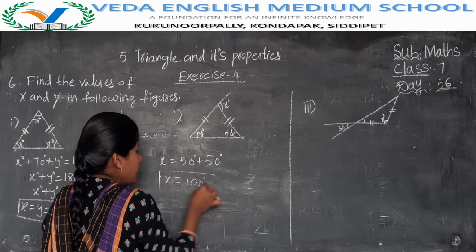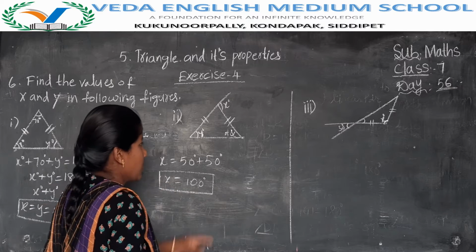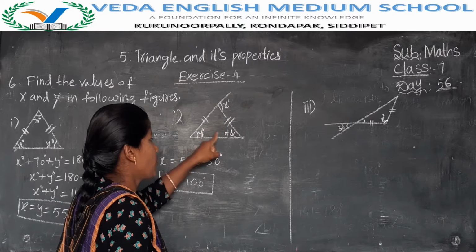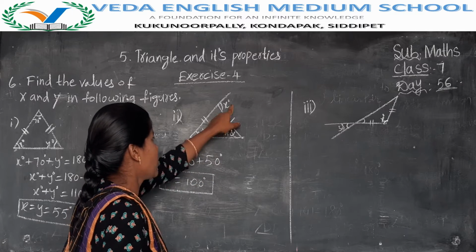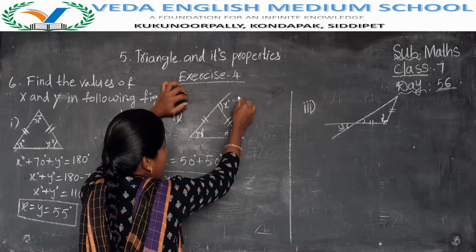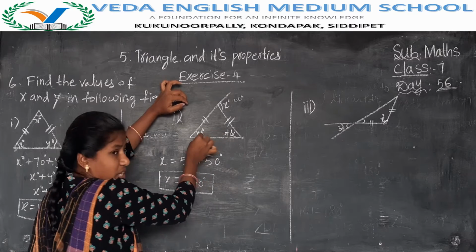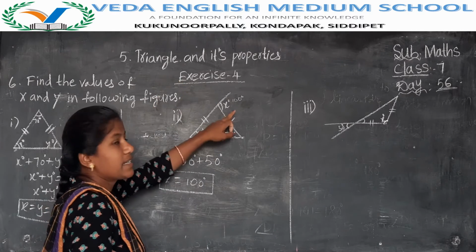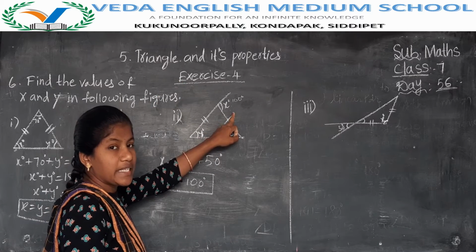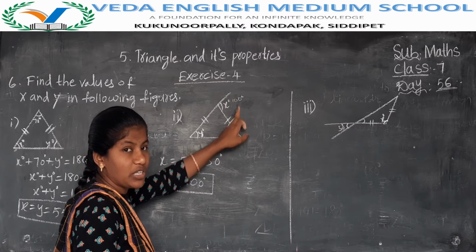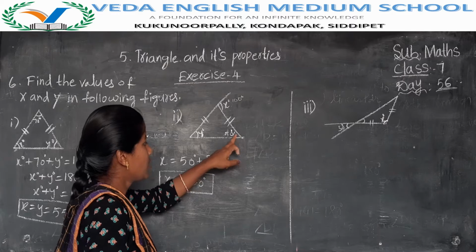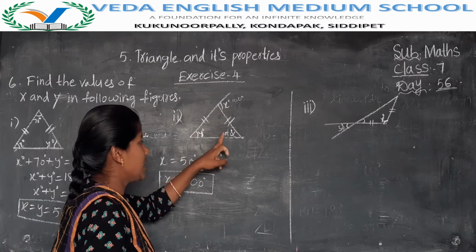Then you can use another property also, that is, the exterior angle is equal to the sum of the two opposite interior angles. Now see, the exterior angle is equal to 100. ఇది 50 ఉంది, ఇది ఏమవుతుంది, 50 అవుతుంది. ఎందుకంటే triangle property ప్రకారం, the exterior angle of a triangle is equal to the sum of the two opposite interior angles.